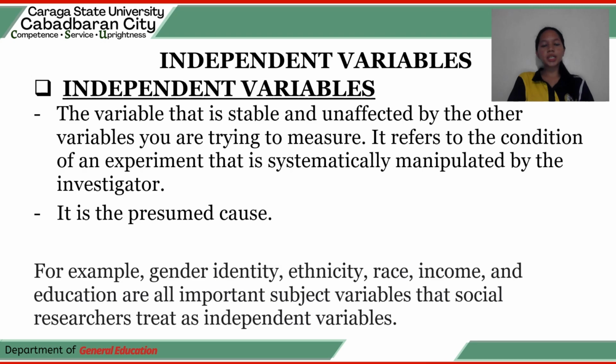So, from the word independent, it can stand alone without any help, and it cannot be changed by the others. It is also presumed to be the cause. For example, gender, identity, ethnicity, race, income, and education are all important subject variables that social researchers treat as independent variables.